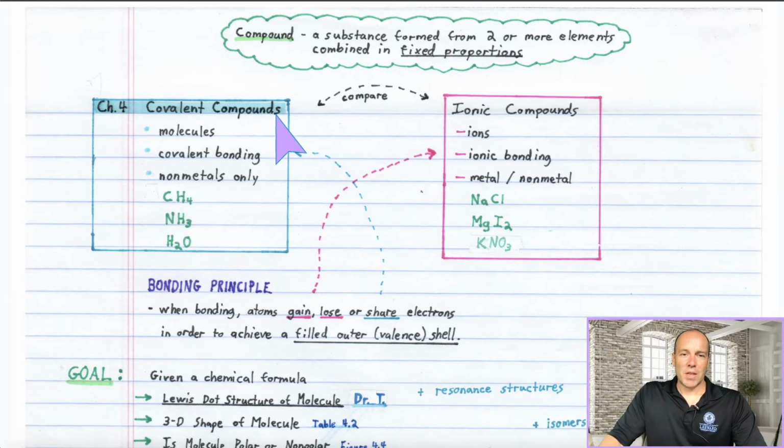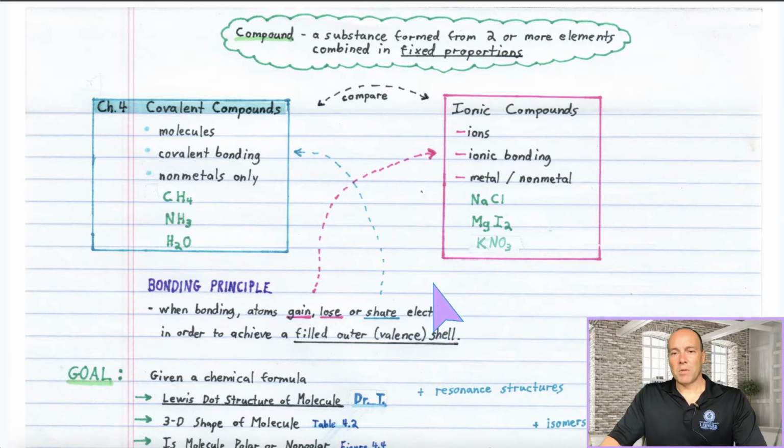Now, whether we're discussing ionic bonding or covalent bonding and compounds, the bonding principle governs both types. And this principle states that when bonding, atoms gain, lose, or share electrons in order to achieve a filled outer valence shell.